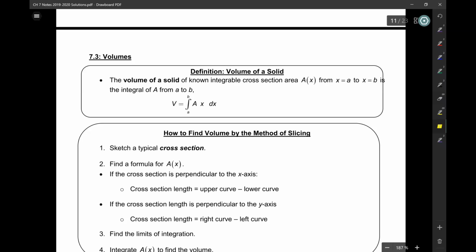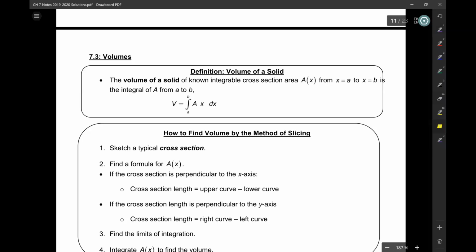So what we do is we take the area of the cross-section, and then when we find the area of the cross-section from A to B, we then add up all of those areas.